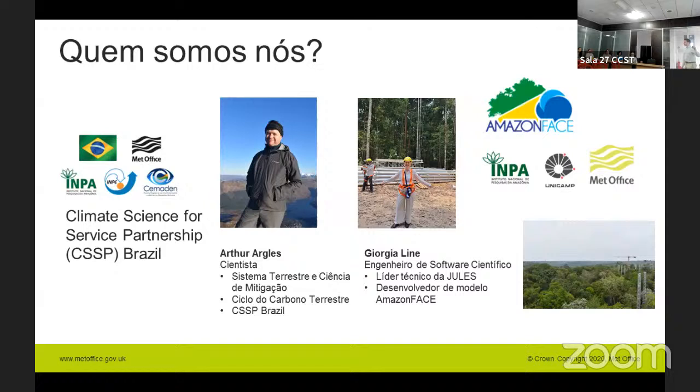How many of you have heard of it before? Okay. So it's quite a cool thing. They're building massive towers in the Amazon rainforest near Manaus, and they're pumping CO2 out into the local environment to make the photosynthetic response of the trees less uncertain, basically, to get observations on how CO2 affects the Amazon rainforest.